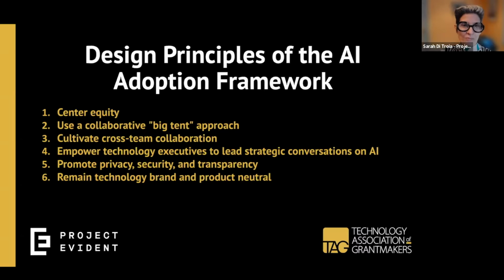Obviously, we want to promote privacy, security, and transparency. And along with Community IT, it was really important to us that this was technology brand and product neutral. A lot of the first movers out of the gate around AI usage in the social sector, not surprisingly, are Microsoft, Salesforce, and Amazon Web Services. We could not possibly do our work without their incredible investments in technology.